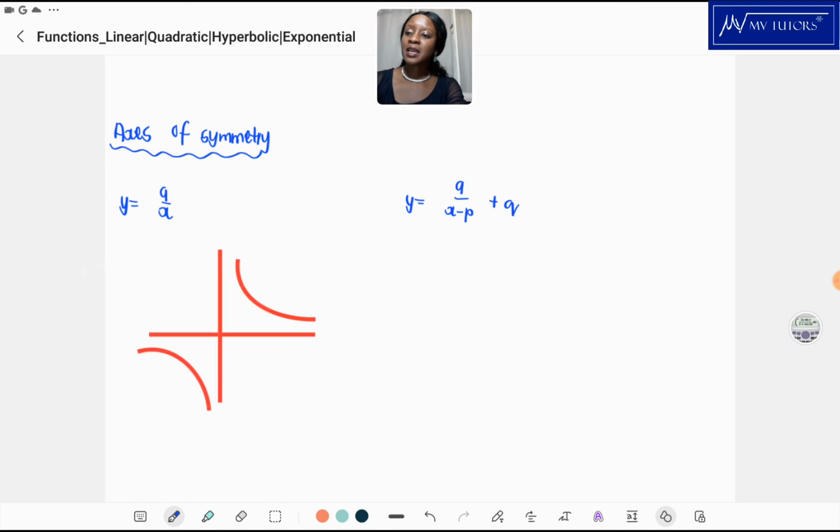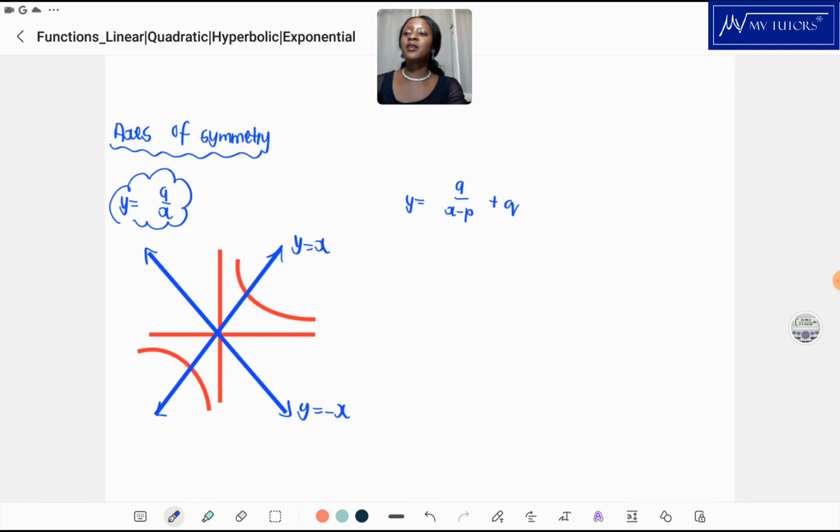Because it's passing through the origin, you're going to have here y is equal to x, and this is a positive gradient. But this second one is a negative gradient, so that'll be y equals negative x. So that is easy if you have the simplest form of the hyperbolic function. But what if there are shifts? How would you deal with that?